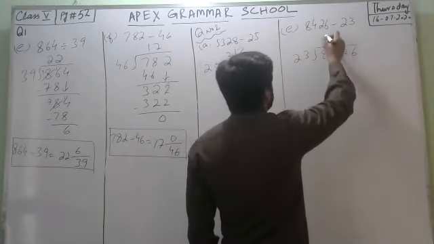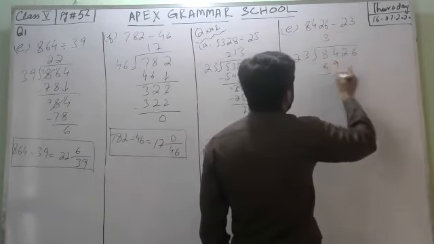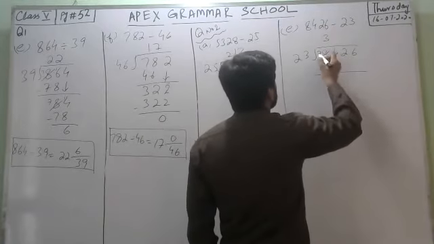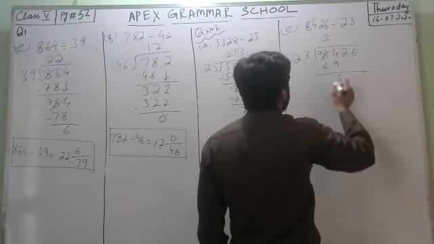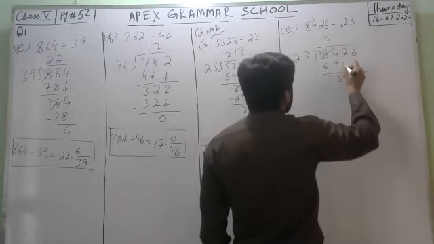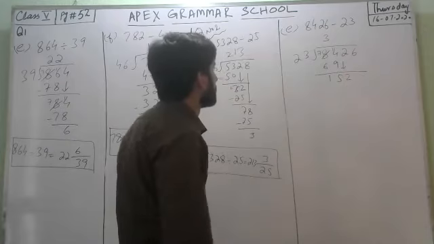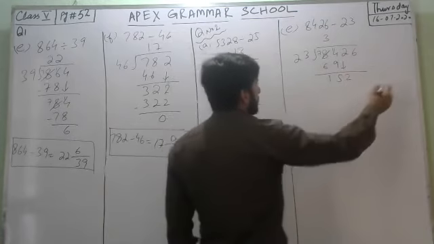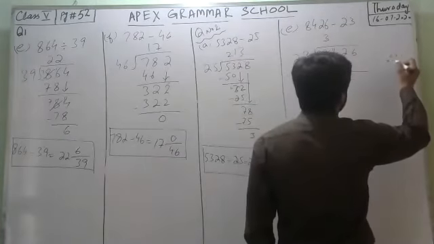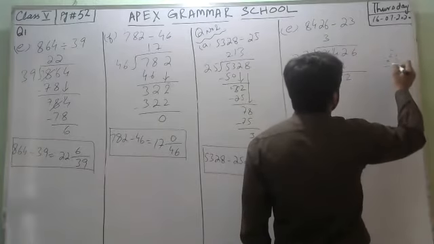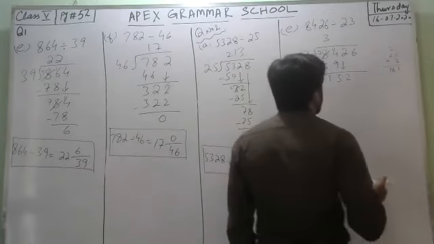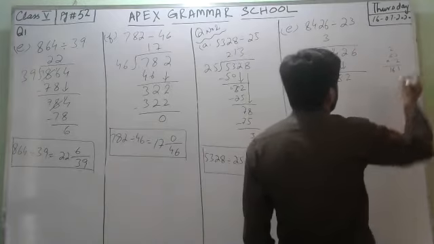Now 23 threes are 69 because 4 will make it greater. 14 minus 9 is 5, 7 minus 6 is 1, 2 will come down. This is 152. 23 into 7 is 161, so it is greater.